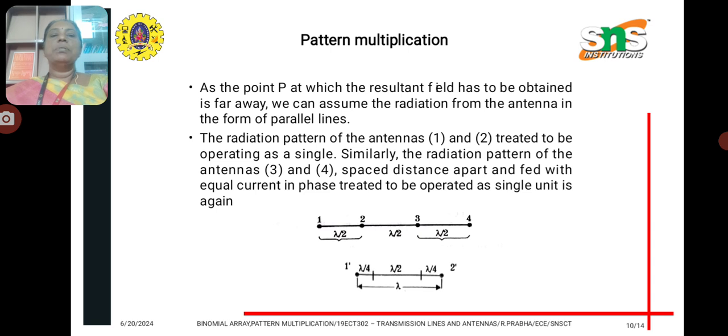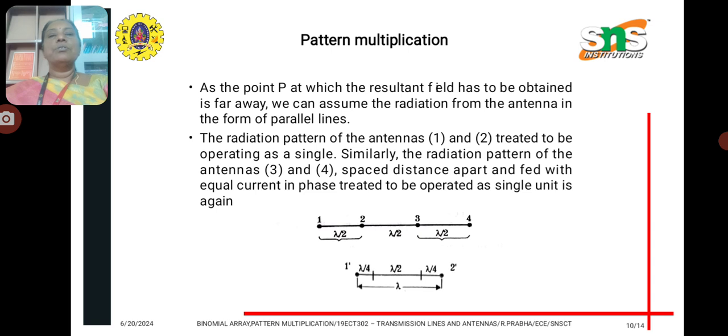What happens is we consider antennas 1 and 2 as one unit, kept in the midway between antennas 1 and 2, and antennas 3 and 4 as another unit, kept in the midway between 3 and 4. Now the distance is calculated and it is lambda.